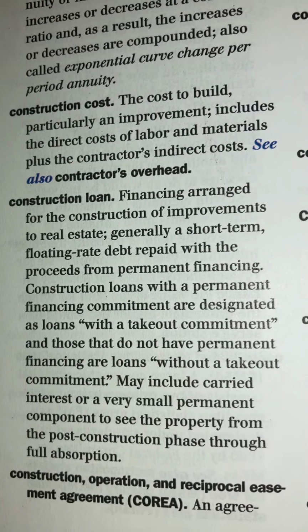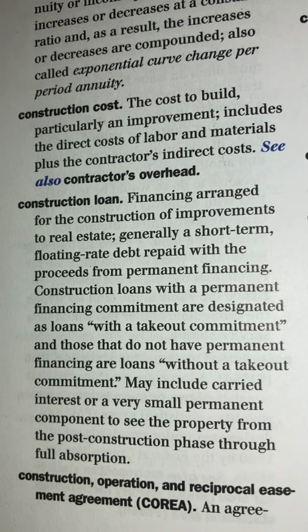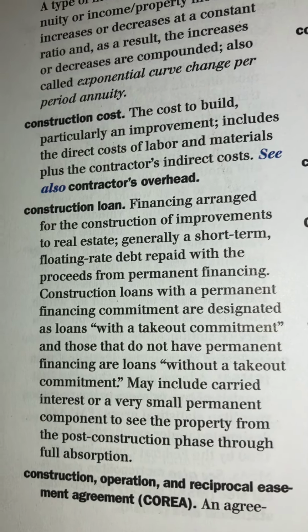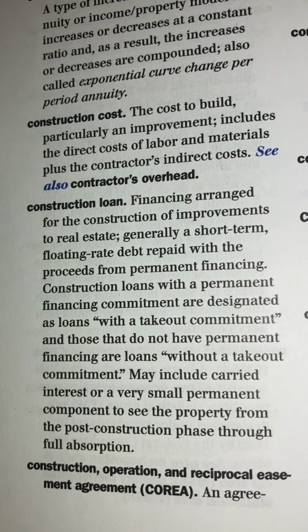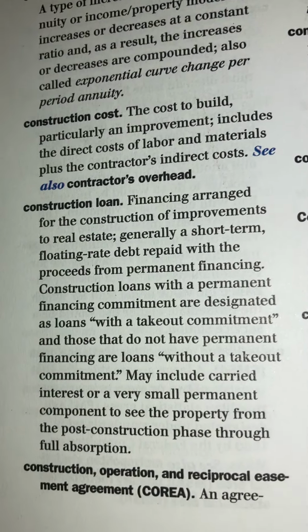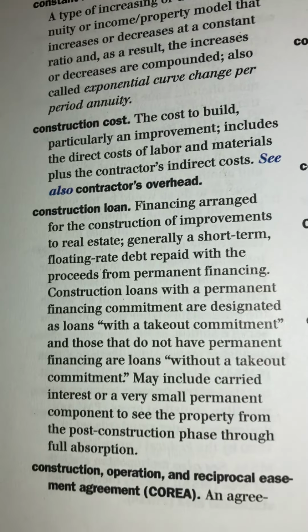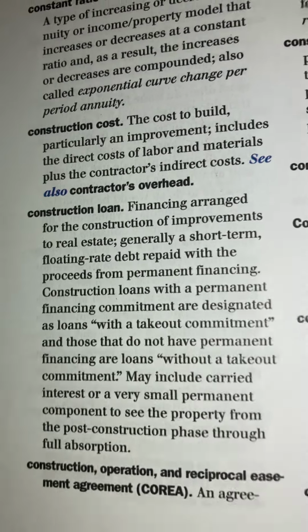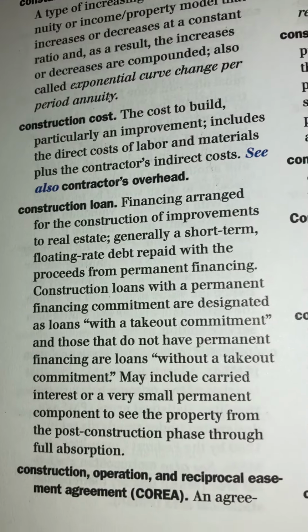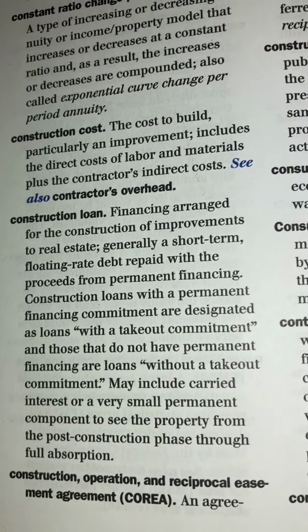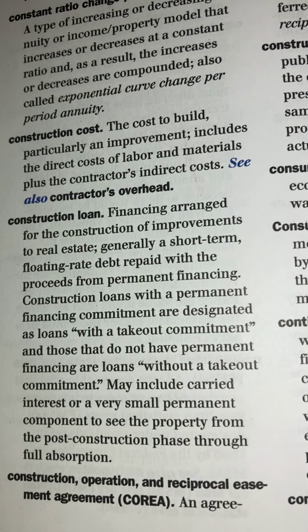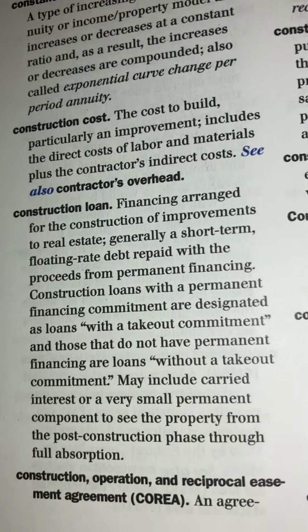Construction loans with a permanent financing commitment are designated as loans with a takeout commitment, and those that do not have permanent financing are loans without a takeout commitment. May include carried interest or a very small permanent component to see the property from the post-construction phase through full absorption.